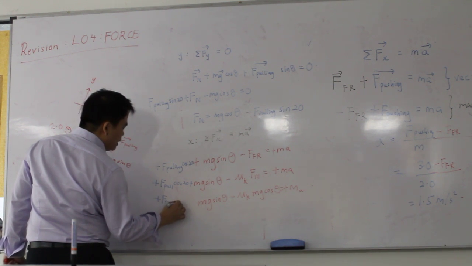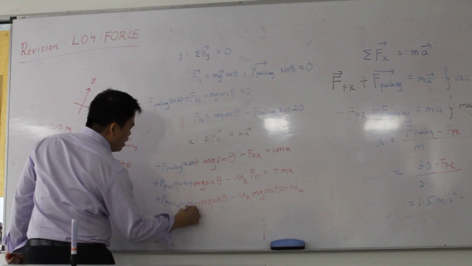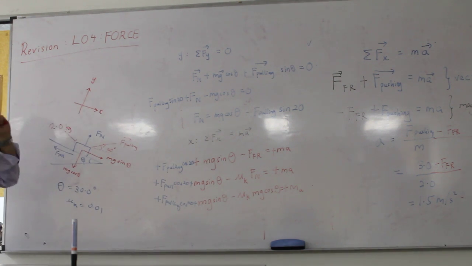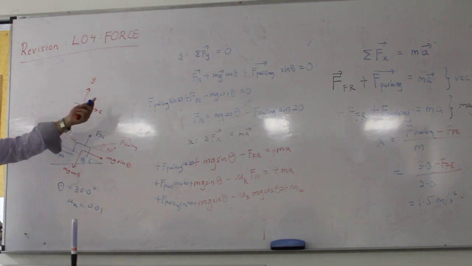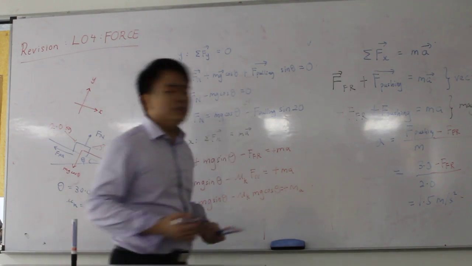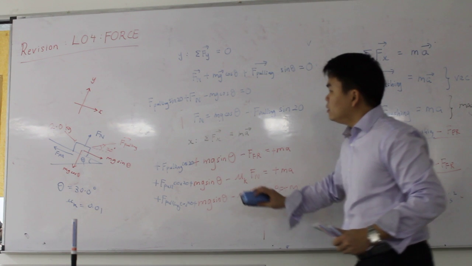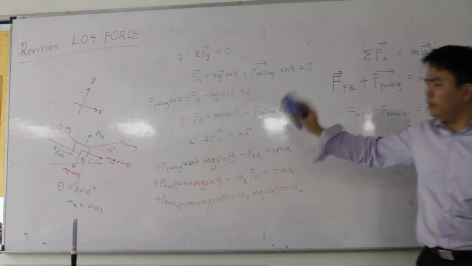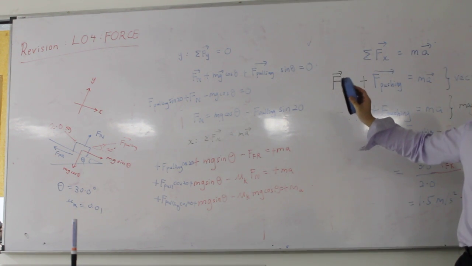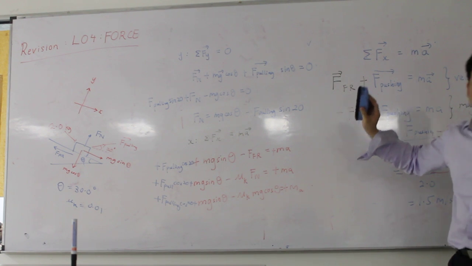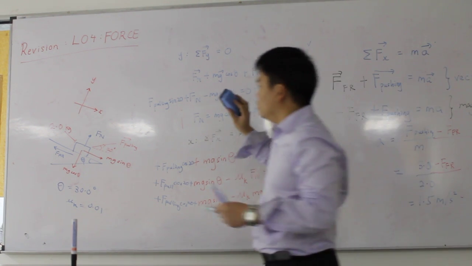So you can see that all the time, no matter how, as long as you know how to use either sigma F equal to 0 or sigma F equal to ma, then you can solve the problem. With that, I think I finished all these simple examples. Let me give you some tougher examples, which involve tension.